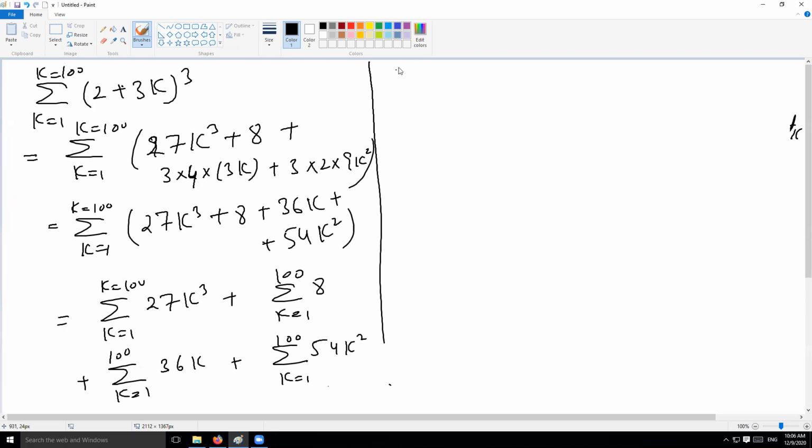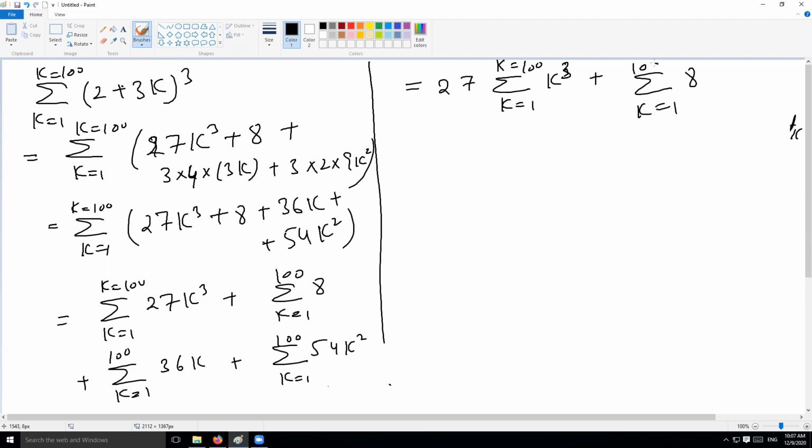Now if I go one step ahead, this 27 is a constant, so I can pull it out of the sum. So I have 27 times the sum from k equal to 1 to k equal to 100 of k cube. Keep the second term as it is because there is no k in this sum. I will explain separately how to deal with such terms.